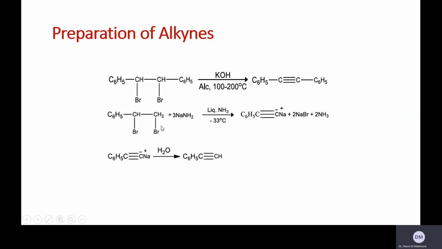For example, this is the vicinal dihalide. We use sodium amide, and in two steps, one HBr, second HBr, we get the triple bond. This first forms the sodium alkylide, meaning it forms the salt, and then it reacts with water to make the alkyne. So this is the terminal alkyne. We use sodium amide to prevent rearrangement and we get the terminal alkyne.